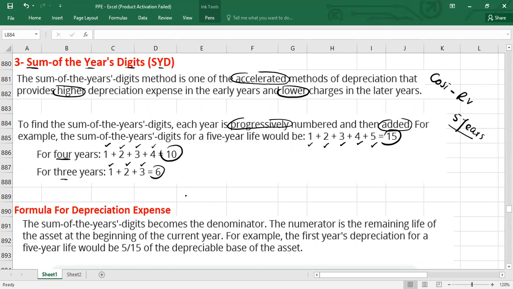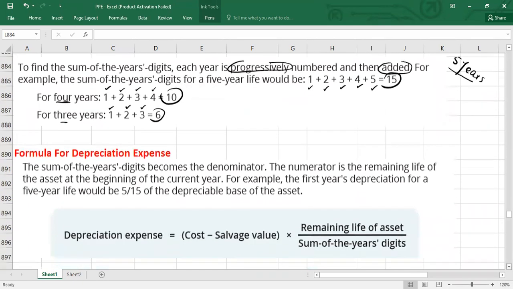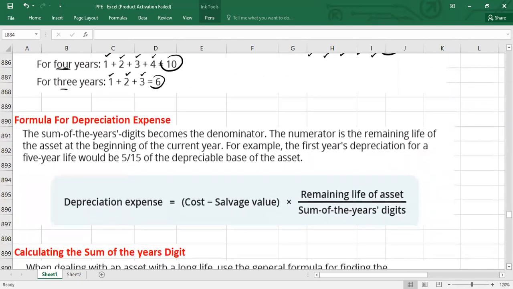So if you want to calculate the depreciation by using the sum of years digit method, you will apply this formula. To calculate the depreciation expense in each year, you will take the cost of the asset minus salvage value, which is called the depreciable base.